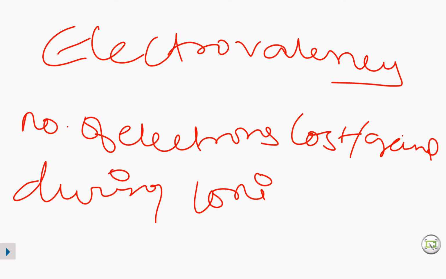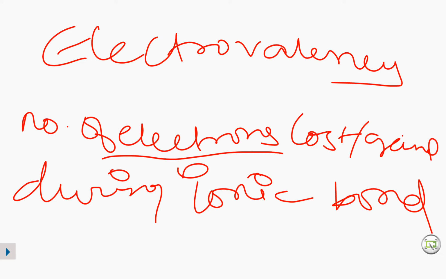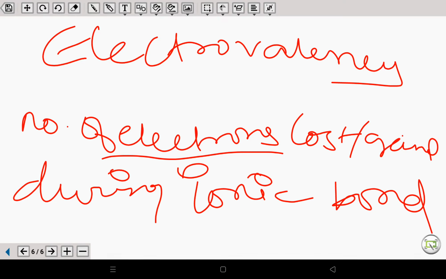So during this bond, how many electrons an atom is donating, giving or transferring, that is known as electrovalency. So what is electrovalency? The number of electrons lost or gained by an atom is known as electrovalency.